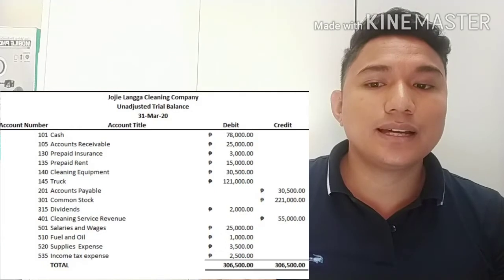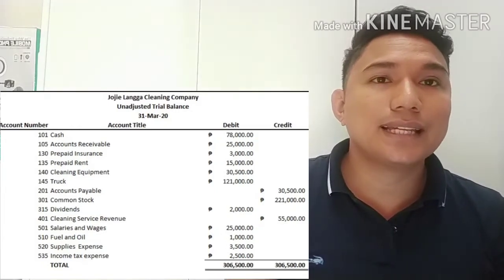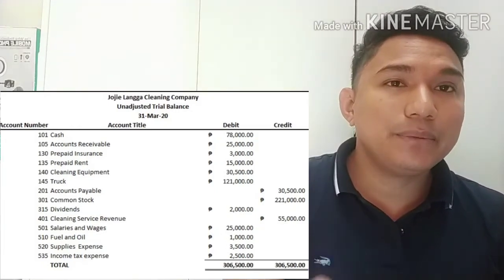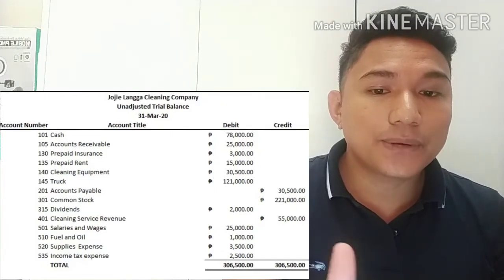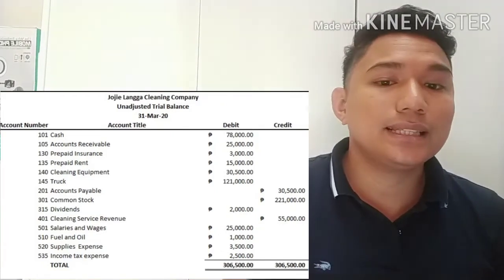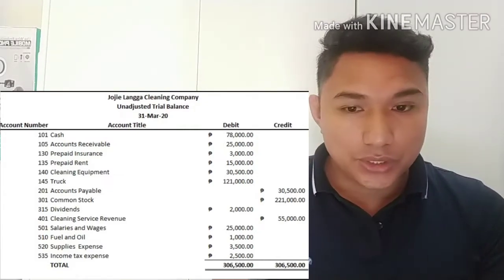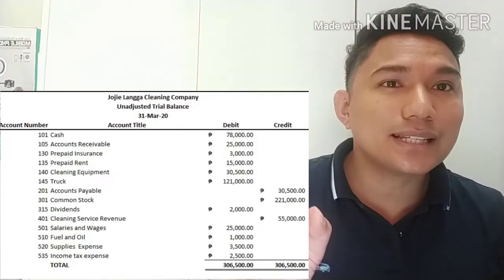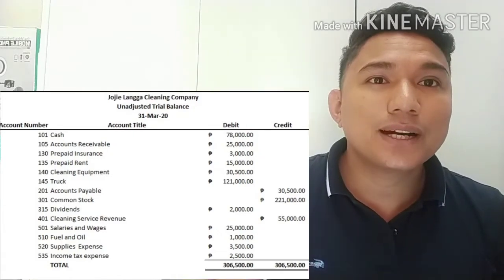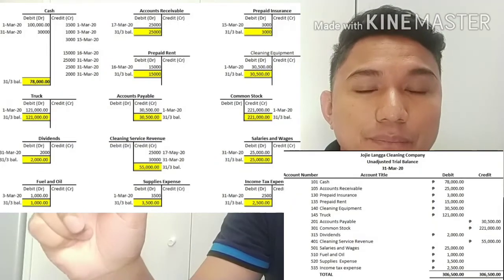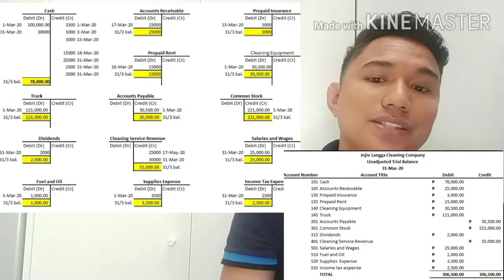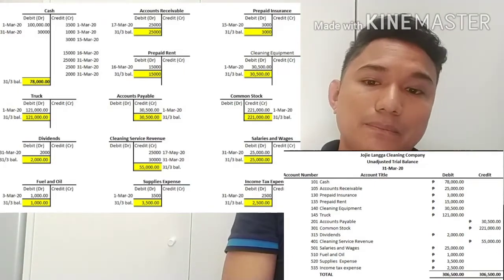You can see the account number, account title, the debit in the left side column, and credit in the right side column. So let's transfer all the balances of accounts from the ledger into the unadjusted trial balance.